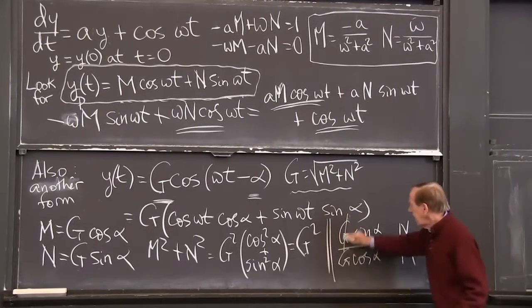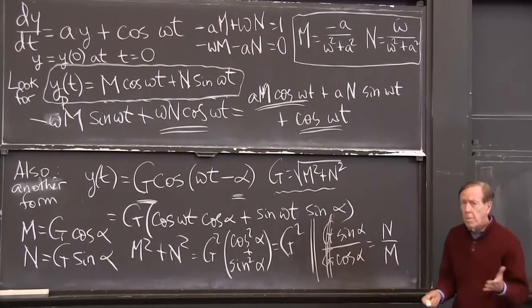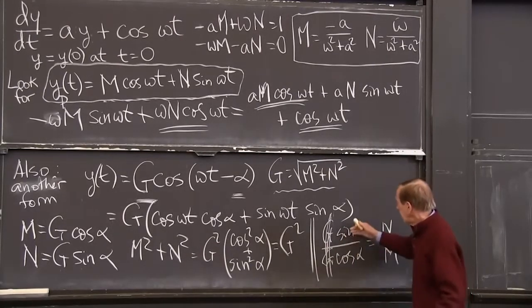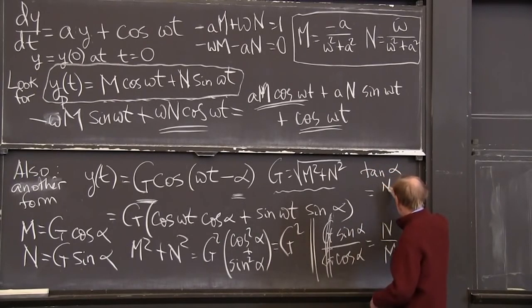And the g's cancel as I wanted. So now I have an equation for alpha, or more exactly, I have an equation for tangent of alpha. Sine over cosine, tangent of alpha, is n over m.